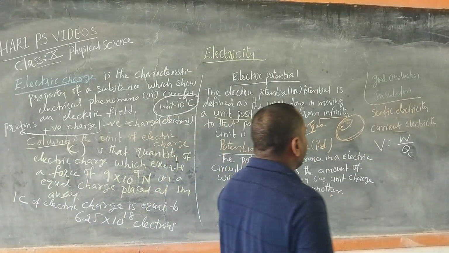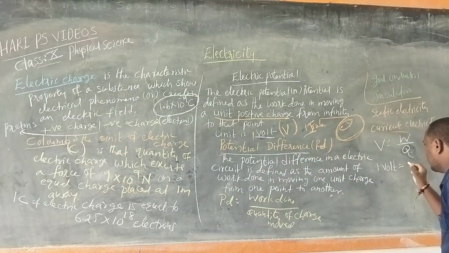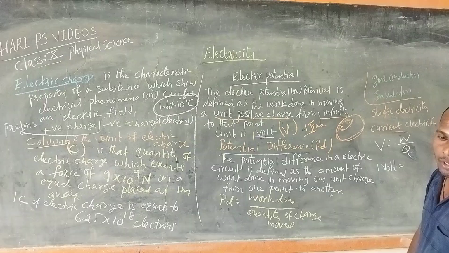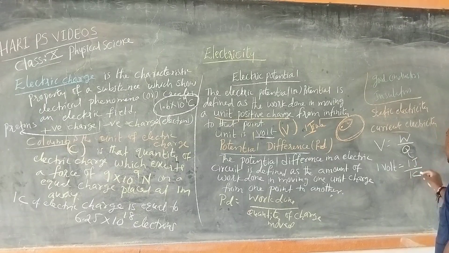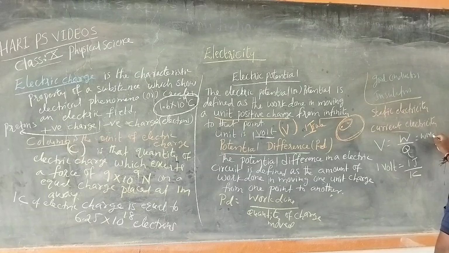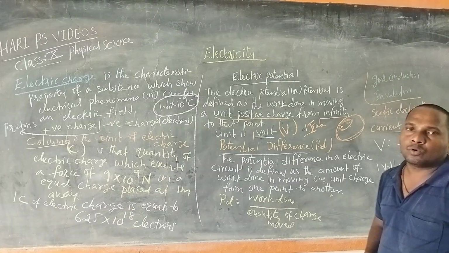So 1 volt is equal to 1 joule by 1 coulomb, which means work by quantity of charge.